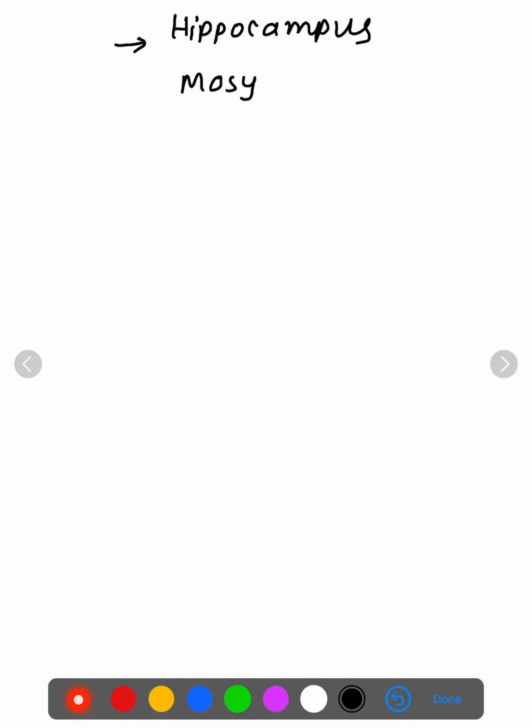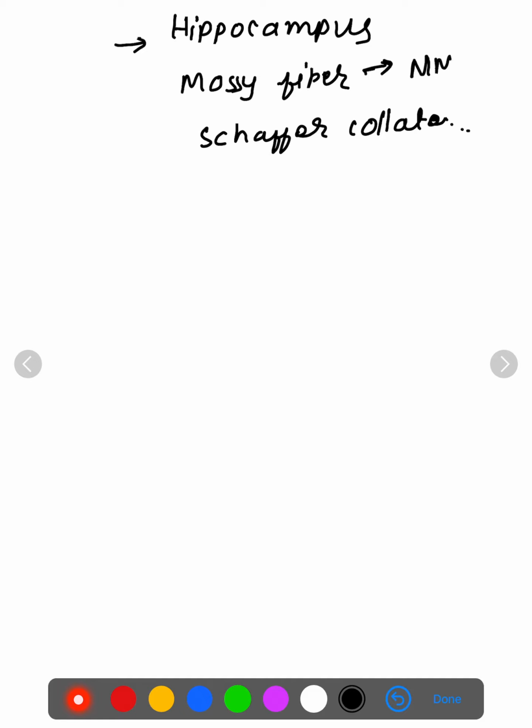In the hippocampus there are two fibers, one is the mossy fibers, another is the Schaffer collaterals. A small difference is there: in mossy fibers it is NMDA independent.